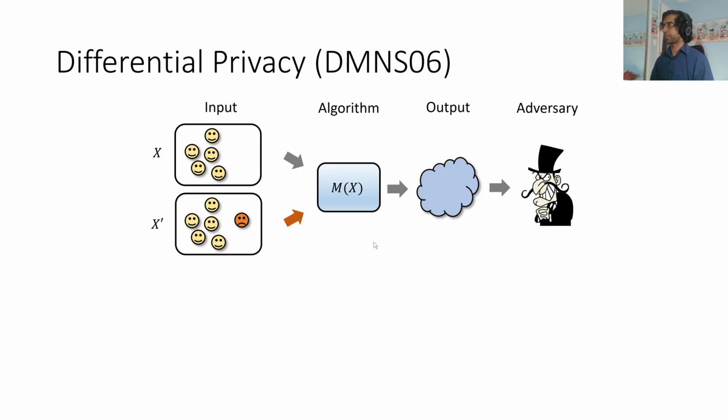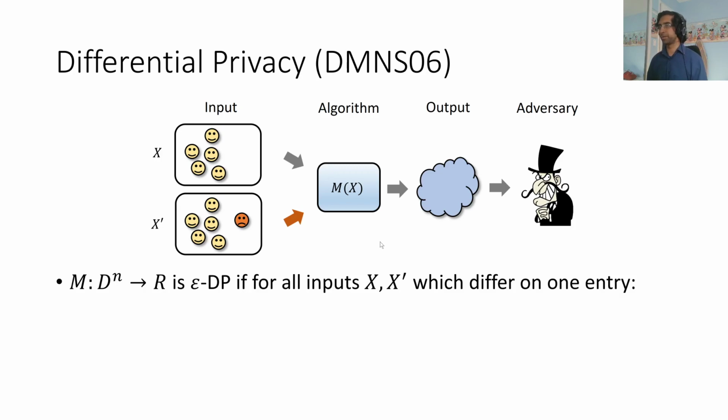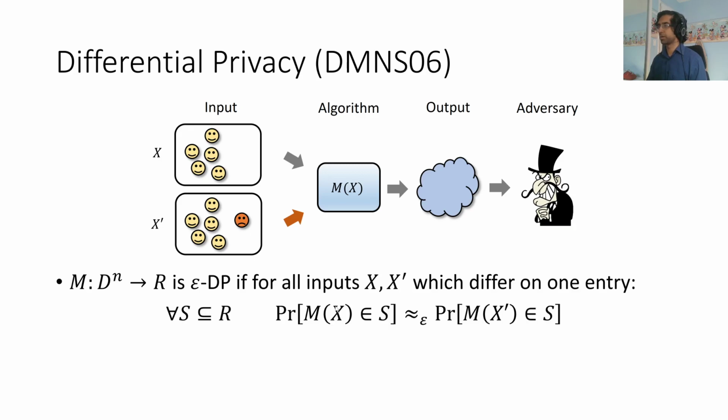Good, so a little bit more mathematically, we say that an algorithm M is epsilon differentially private if for all inputs X and X prime which differ on one entry, we call these neighboring datasets, we have the following mathematical guarantee. We say for all subsets S of the range that M(X) in S is roughly the same as M(X prime) in S in terms of probability distribution.